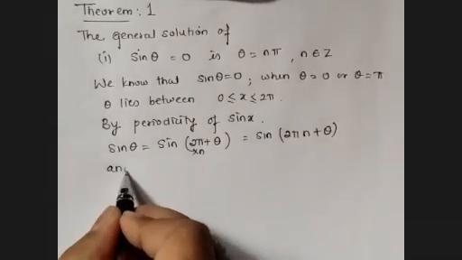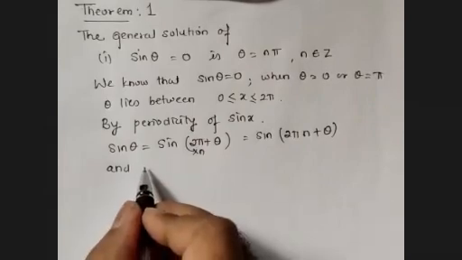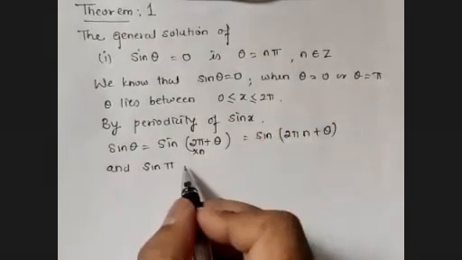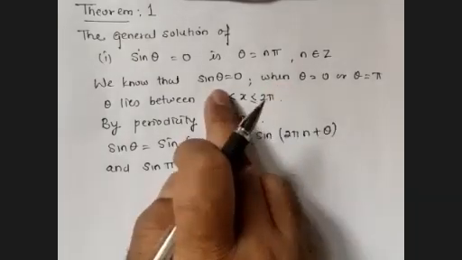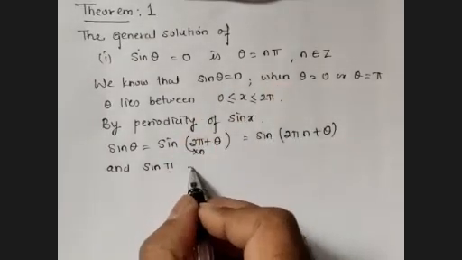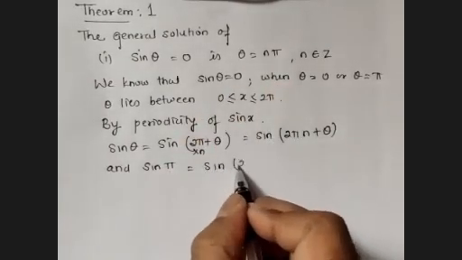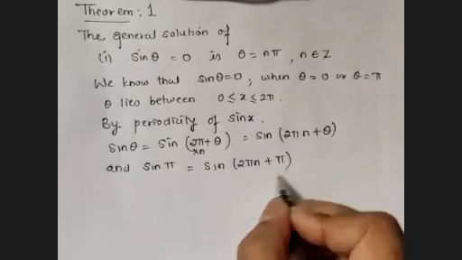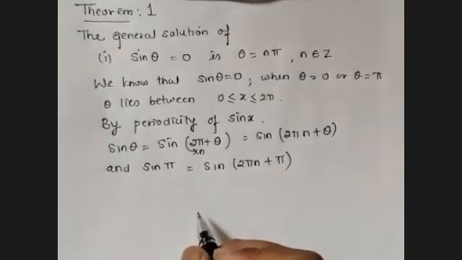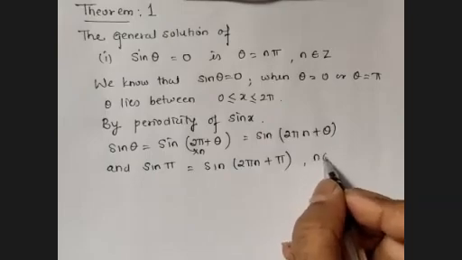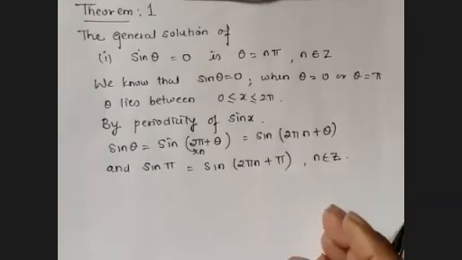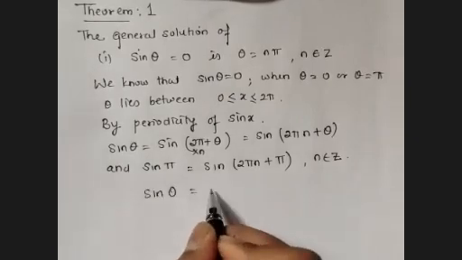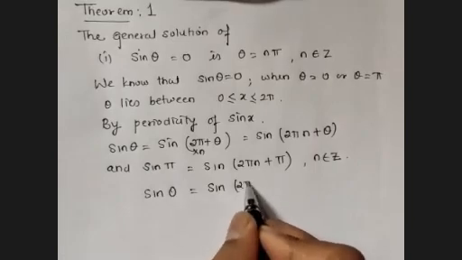And the sine value, we all know that sine pi is also 0. So sine pi can also be written as sine of 2 pi n plus pi, here n belongs to Z. And if sine value is 0, then it will become sine of 2 pi n plus 0.